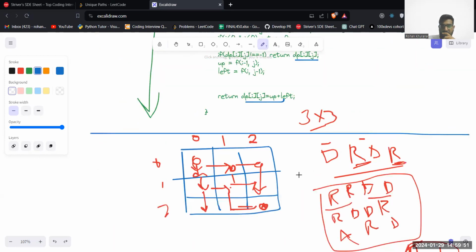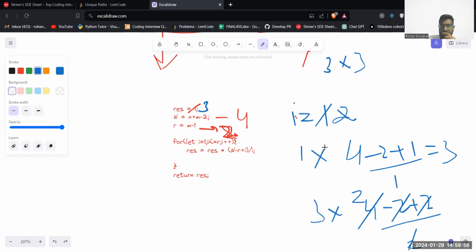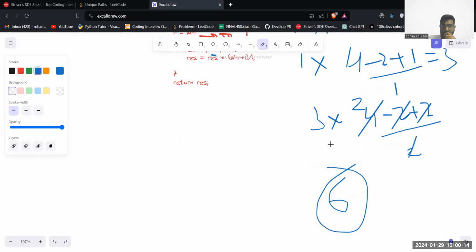But our answer for this was 12, right? Why is it coming as 6, bro? R is 2, so res is equal to res into, that is 3 into.